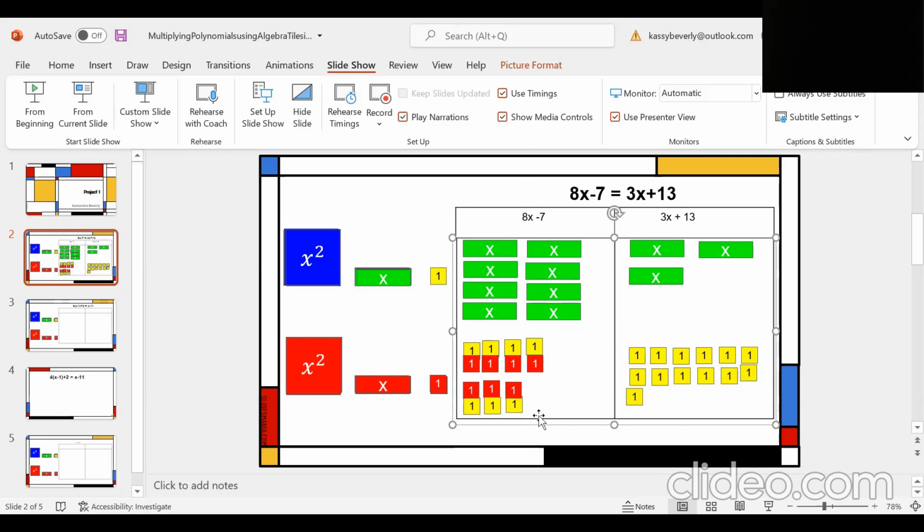Okay, and we know that a negative and a positive are going to cancel each other, so we can get rid of all of these. So we added 7. We're going to remove these. Remember, we're removing them because a positive cancels a negative.